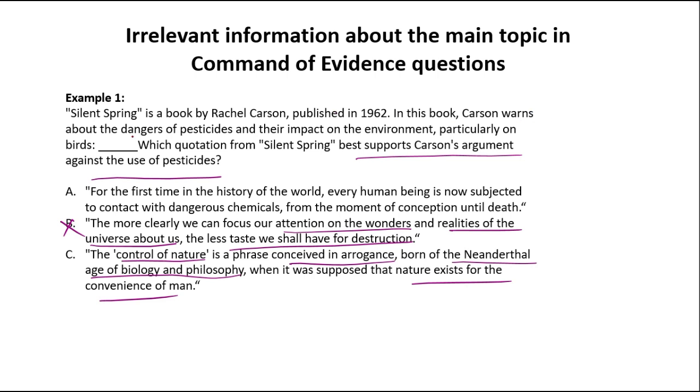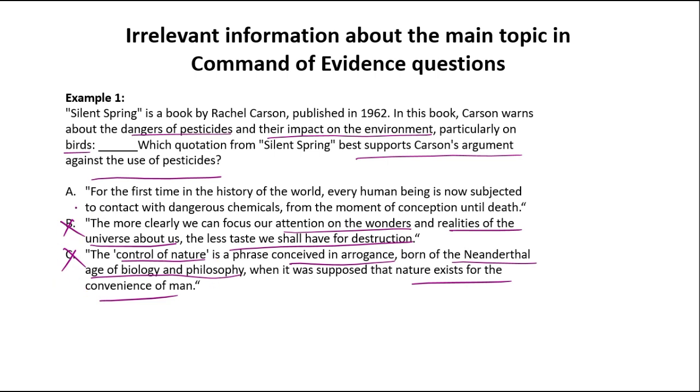The text is about dangers of pesticides and their impact on the environment, particularly on birds, right? So B and C contain information which is not there in the text. The keywords are attention on the wonders and realities of the universe in option B, and control of nature is conceived in arrogance, born of the Neanderthal age of biology and philosophy. That's why we eliminate B and C.